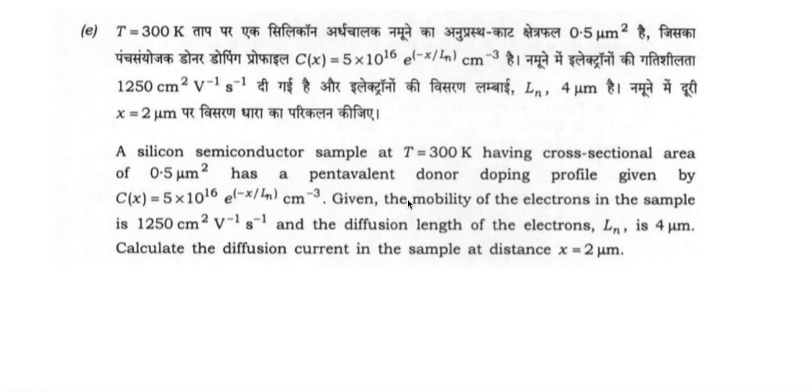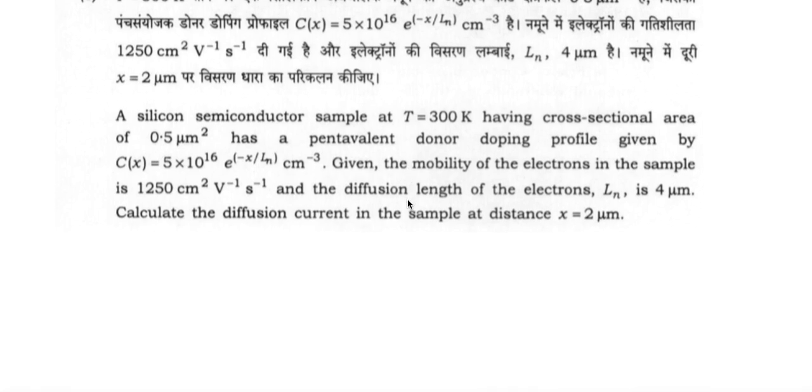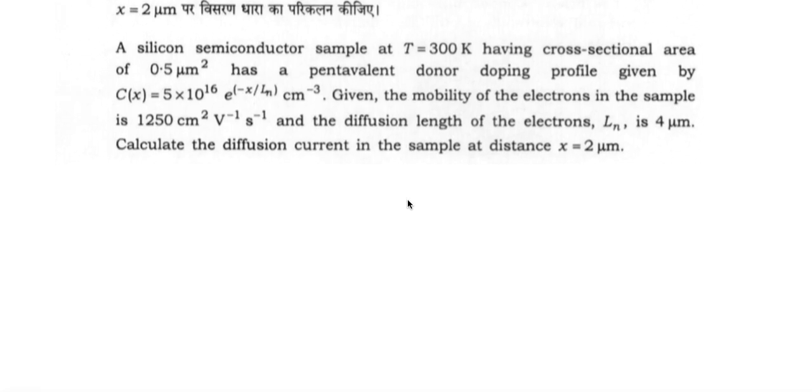You need to know the concept of diffusion current in a particular semiconductor. So there is a formula for the diffusion current, and we can first write that formula and see whether all the values are given in the question itself or not. So the diffusion current density J_D is equal to q D_e dN by dx.